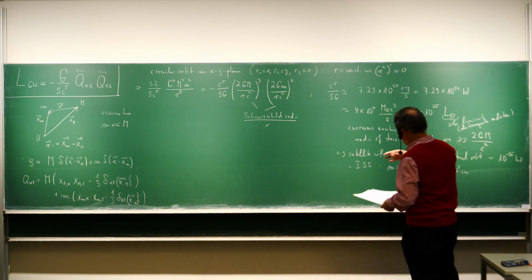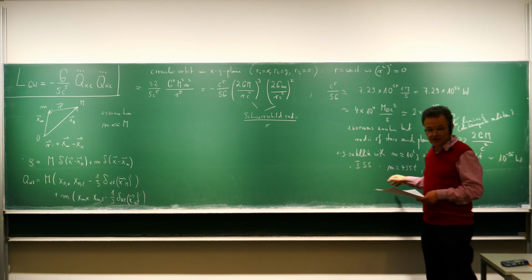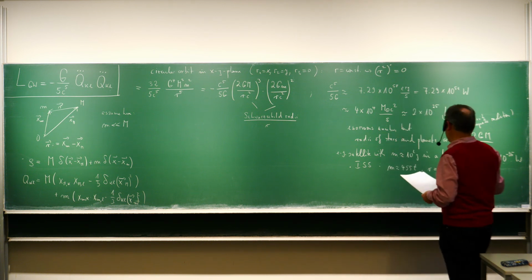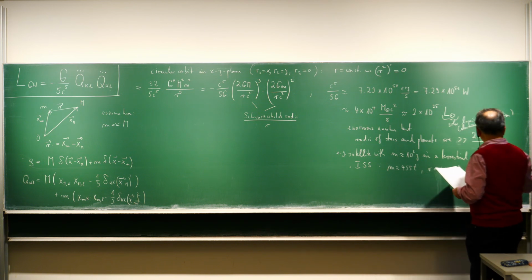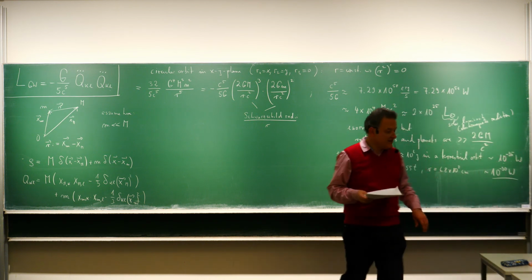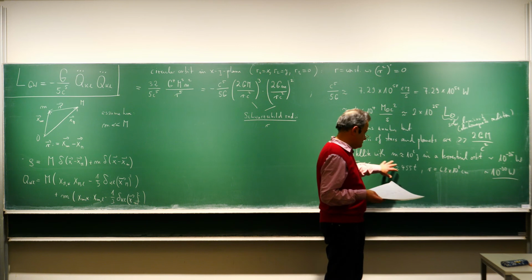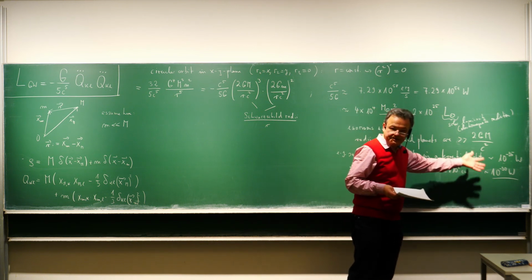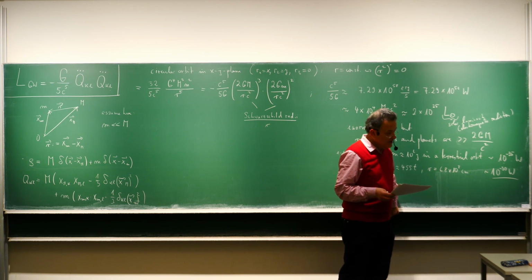Now that's not the height, but the distance to the center of the Earth. And if you put in these numbers, then we find that this is around 10 to the minus 30 watt. So it's bigger than this here, basically because it's heavier, but still it's not visible, this emitted power.